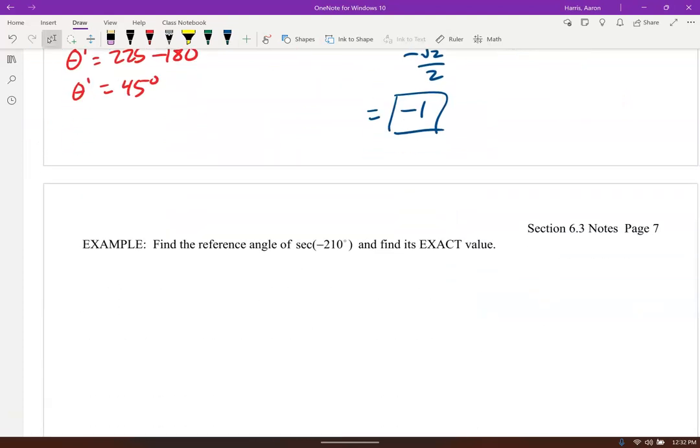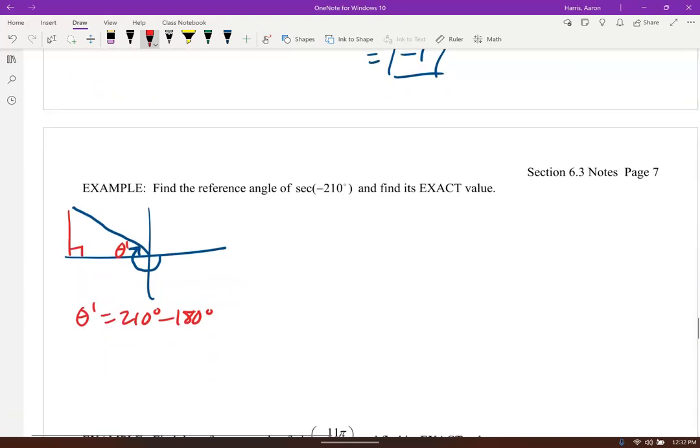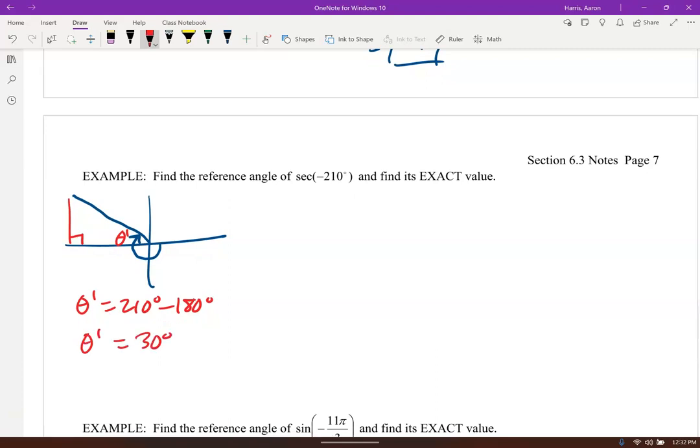Let's go for negative 210 now. So let's rotate negative 210. How much past 180 is it? 30 degrees past. So our theta prime here is 30 degrees, right? Well, 30 degrees, I'm root 3 over 2 comma half. So in this case, I would be negative root 3 over 2 comma half for that 30 degree.